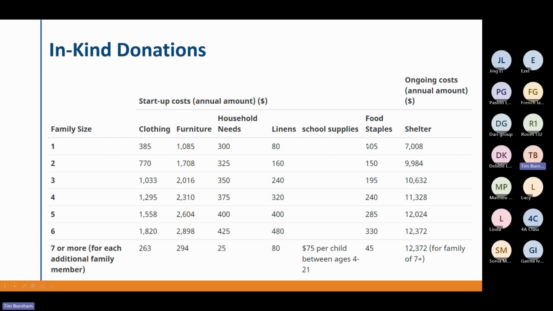So for instance, if you have a place for the refugees to live, it can subtract at least $7,000 from the cost of sponsoring them.